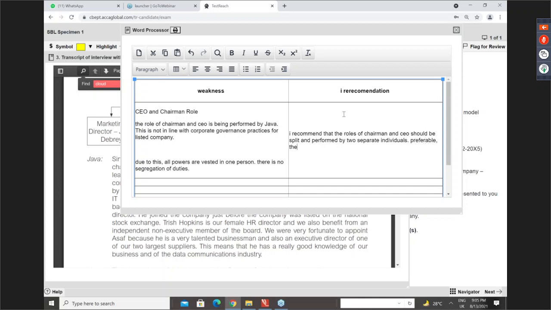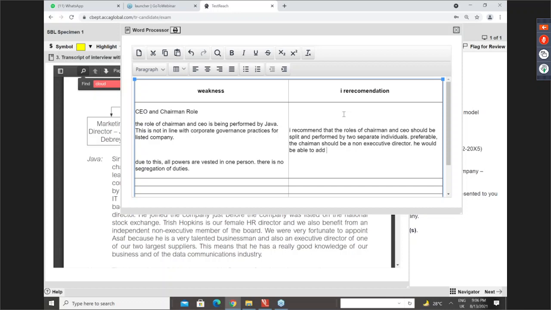Preferably, the chairman should be a non-executive director. And what does a chairman do? He adds confidence to the shareholders. That's it, enough, not long stories.